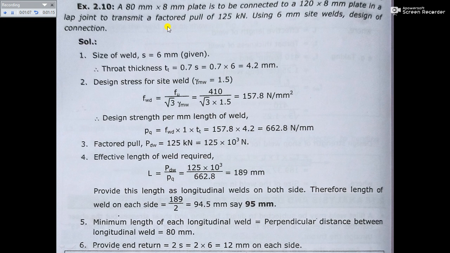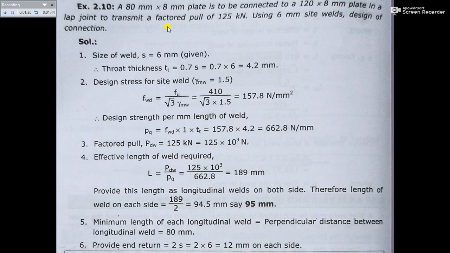Then the factored pull is given in the problem as 125 kilonewton, that is 125 into 10 raised to 3 Newton. Now the effective length of weld required is given by L is equal to PDW upon PQ. PDW is nothing but the given factored pull, 125 into 10 raised to 3, upon PQ, which we just calculated as 662.8, and the length is equal to 189 mm.